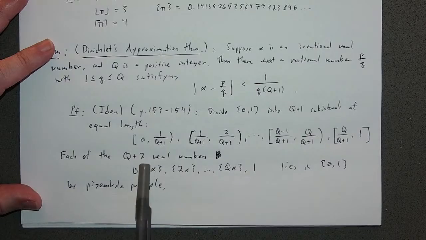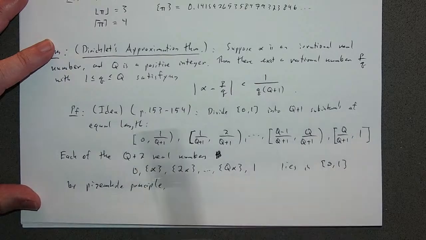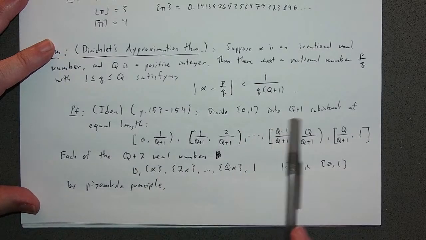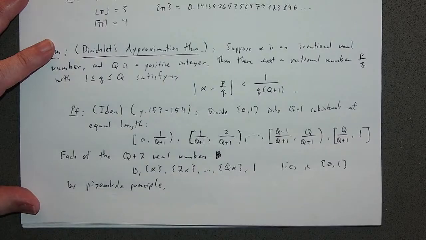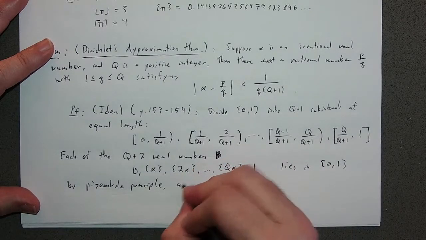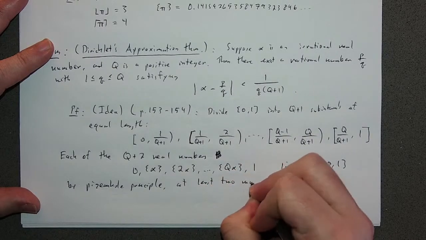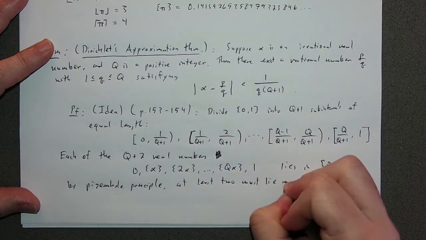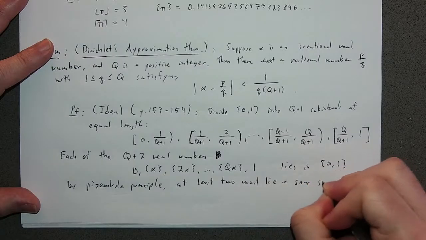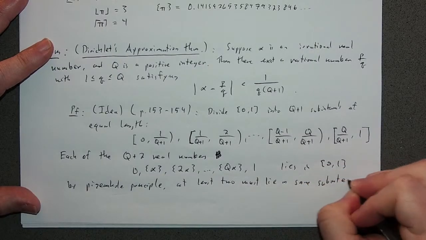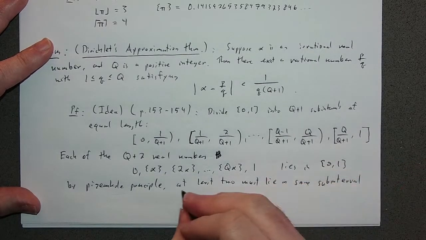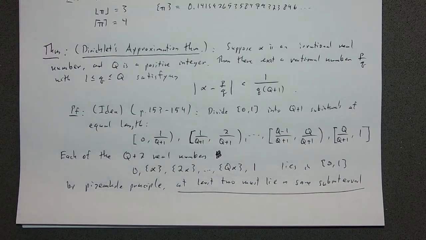There's Q plus 2 of these. They lie somewhere in 0 to 1. 0 to 1 can be divided into Q plus 1 subintervals. So by pigeonhole principle, at least 2 of them must lie in the same subinterval. That is where the pigeonhole principle is used.